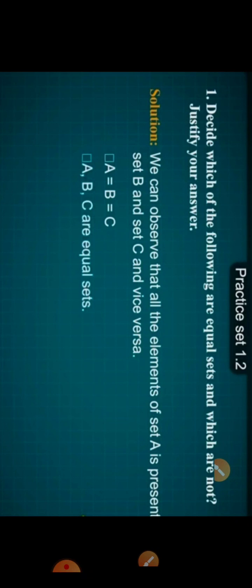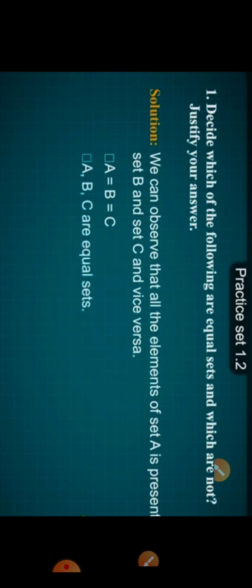Let's see what will be in C. C equals x such that x belongs to N, x is less than 2. Less than 2 means we have only 1, so C equals {1}. We can observe that all the elements of set A are present in set B and set C and vice versa.